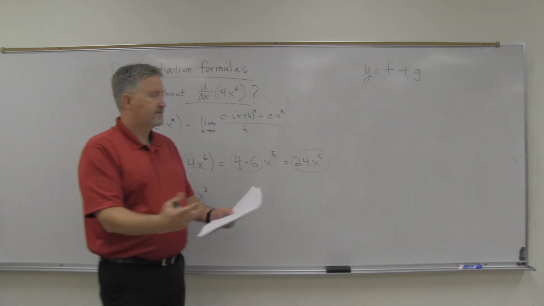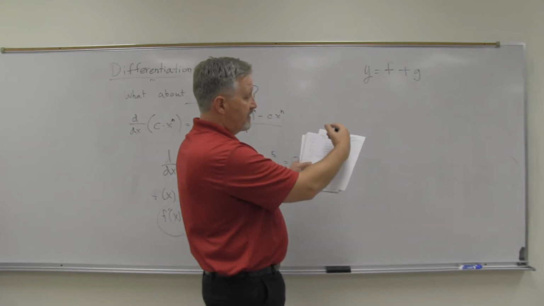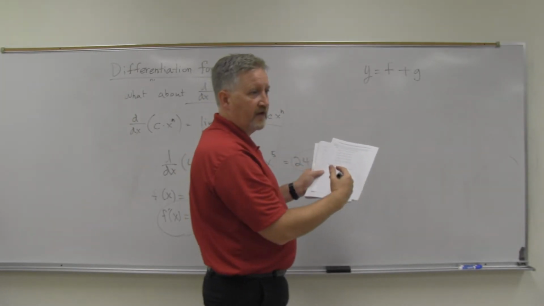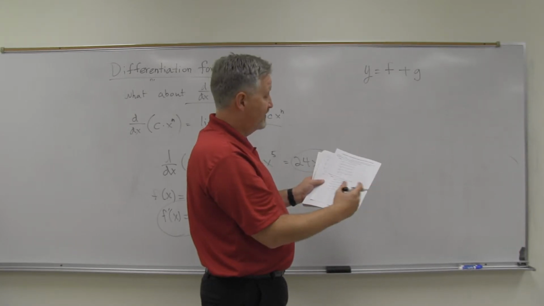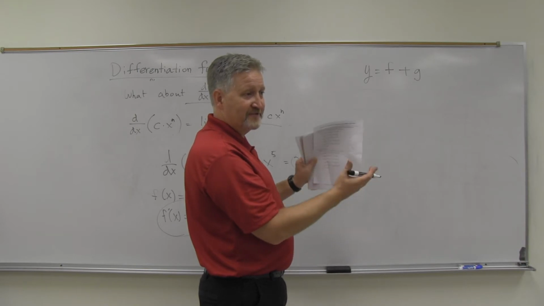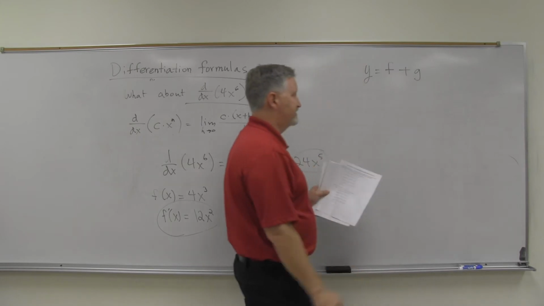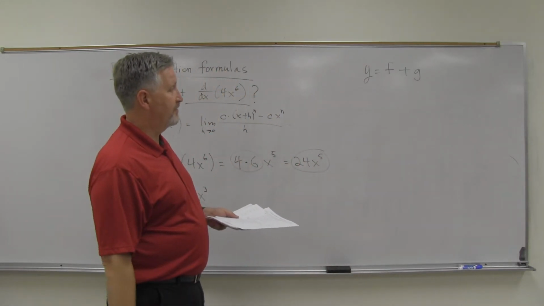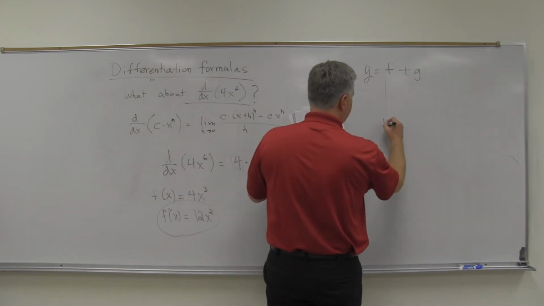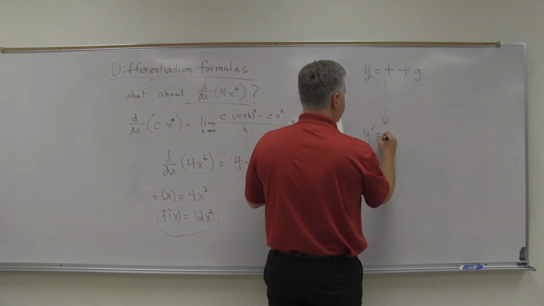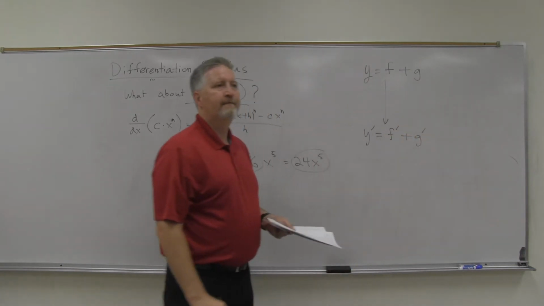Like I said on the second page of the handout, I've got it all worked out using the limit definition. Just doing some rearranging with f of x plus h and g of x plus h, you find out y prime equals f prime plus g prime.